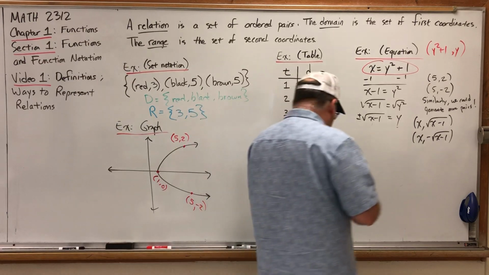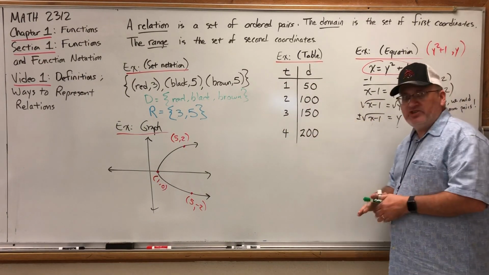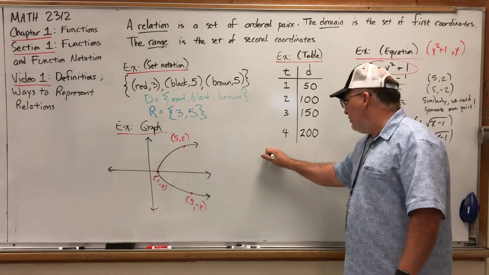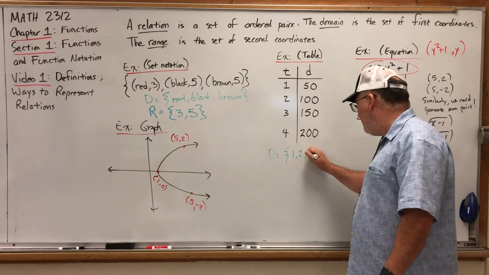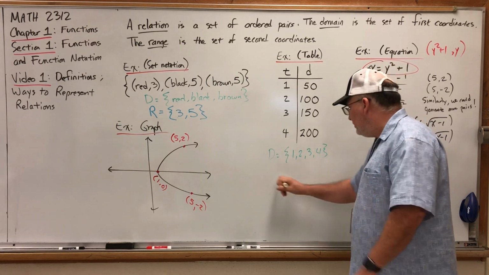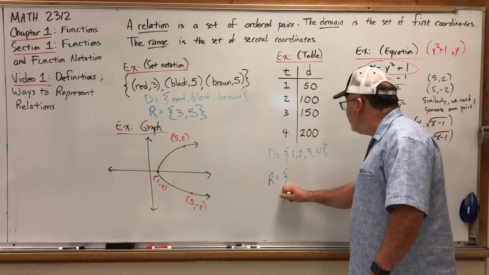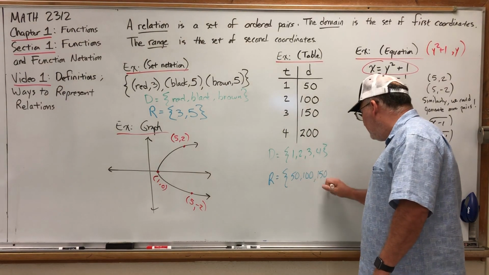And from a table, it's just as easy. I would argue it's easier because your domain and range are already separated. In this case, the domain is 1, 2, 3, 4, and the range is 50, 100, 150, 200.